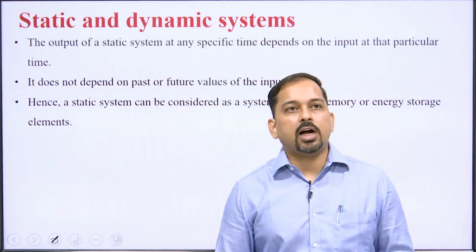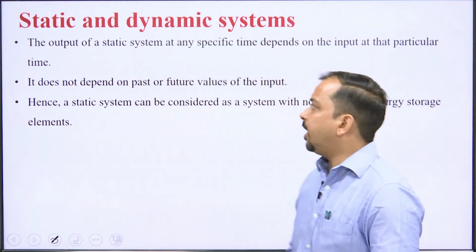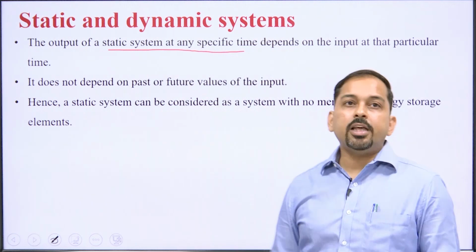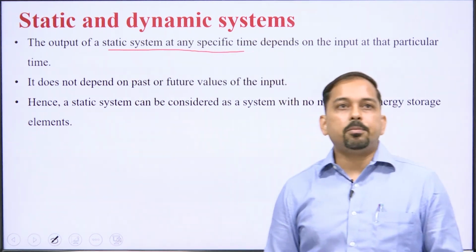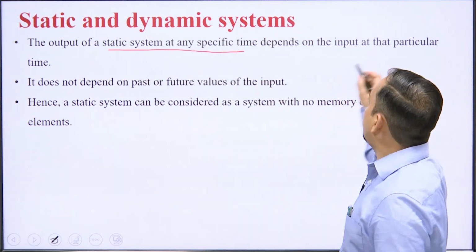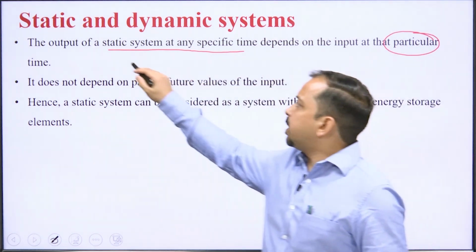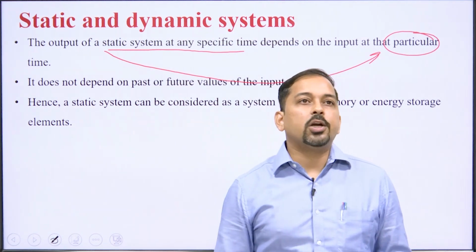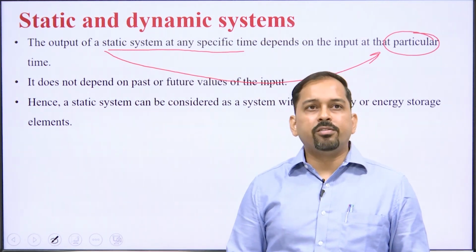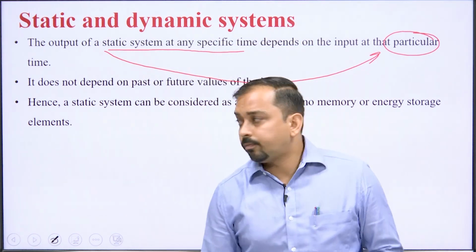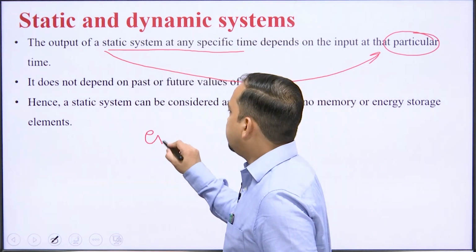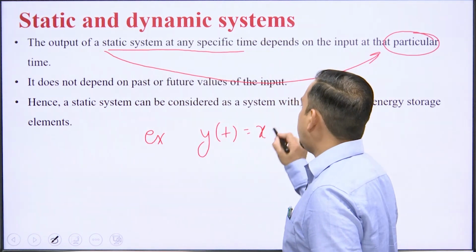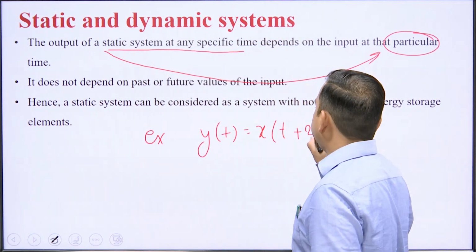So, first we are going to start with static and dynamic. As the name suggests, the output of a static system at any specific time depends upon the input at that particular time. If the present output depends upon the present input, then the system is said to be static. Let us take an example: y(t) equals x(t plus 2).